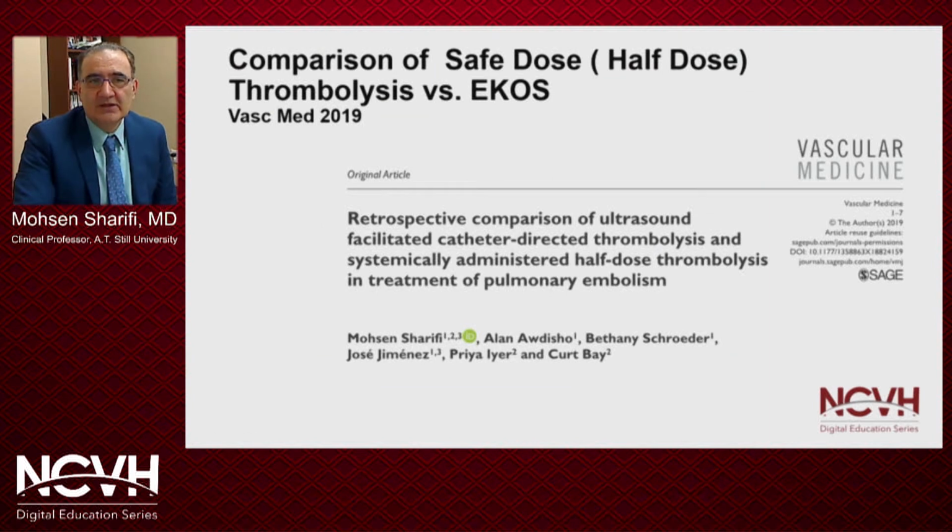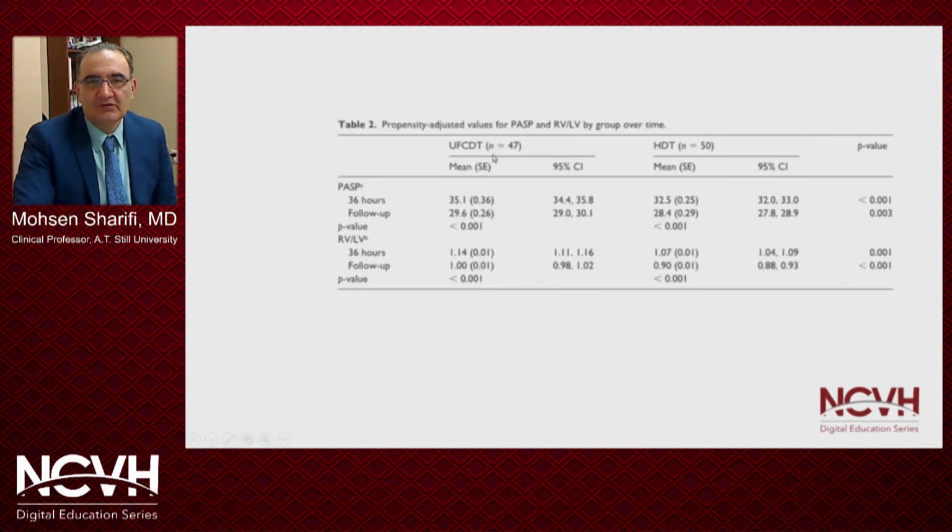Now, we did compare half-dose thrombolysis with the EKOS catheter in a retrospective fashion. It was recently published, well, in 2019, and it involved 47 patients in the catheter-directed group and 50 patients in the safe-dose thrombolysis group. In both groups, there was significant reduction in PA systolic pressure and in the RV-LV ratio.